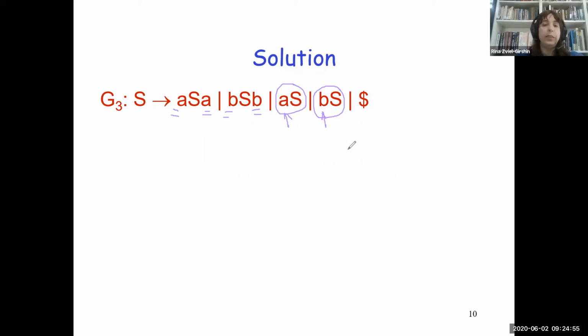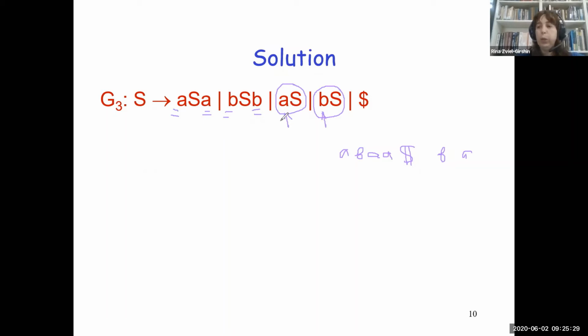So we will definitely have some sequence of A's, a dollar sign, some sequence of A's and B's. But here, before the dollar sign, the part can be larger, since if I use rule number 3 and 4, I can add additional A's and B's without adding A and B at the end.